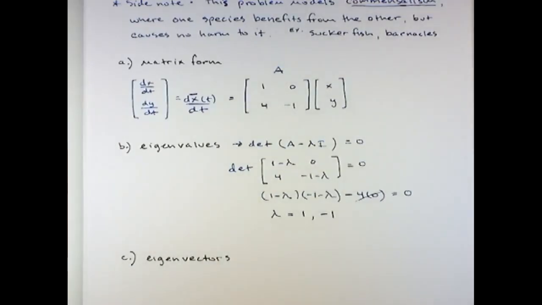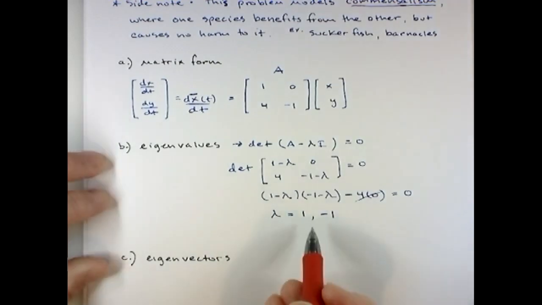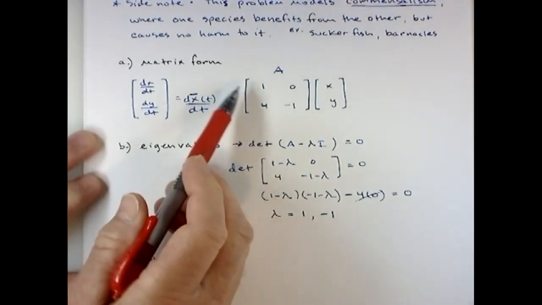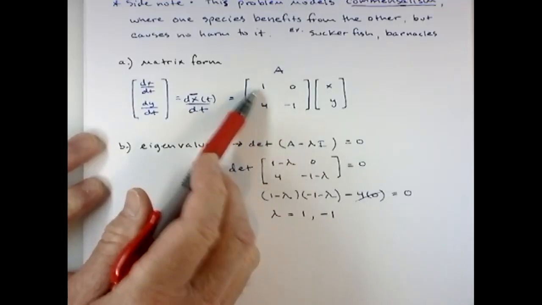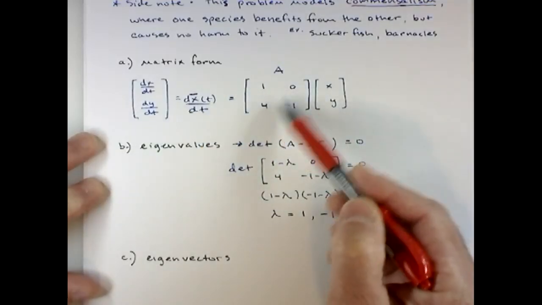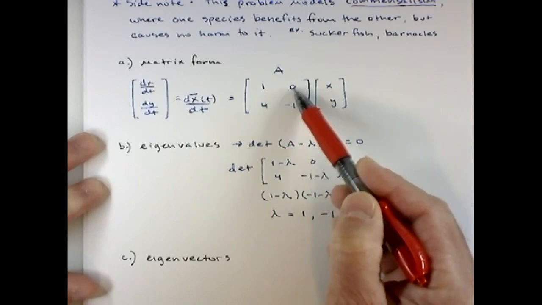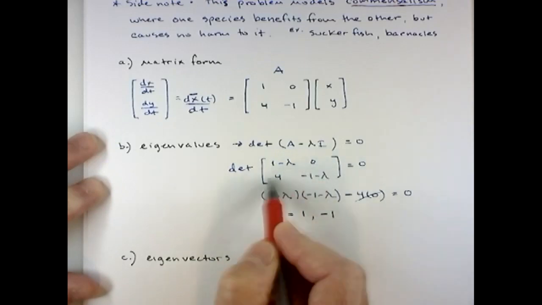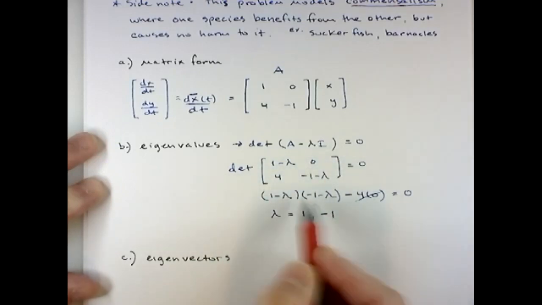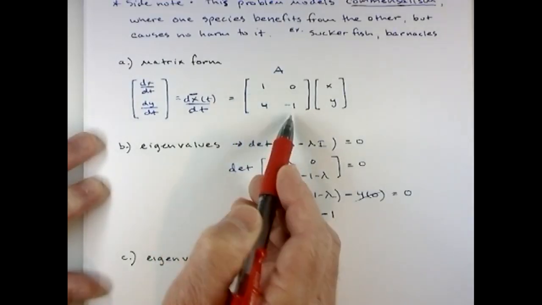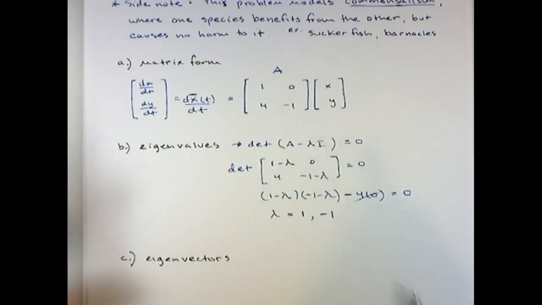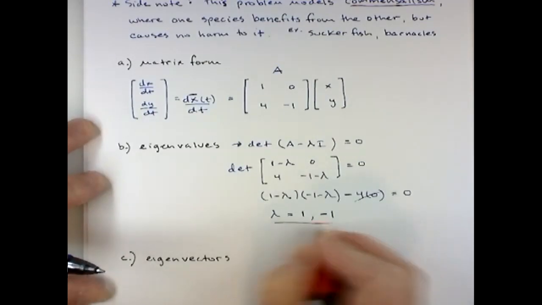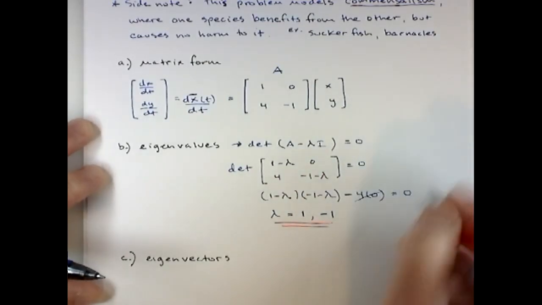You might remember this from 17b. If you get a matrix in the future where one or both of your off diagonal entries is 0, you can see what's going to happen. I'm going to have this times this, and this is always going to be 0 if one of them is 0. So your eigenvalues are just going to be the main diagonal entries.